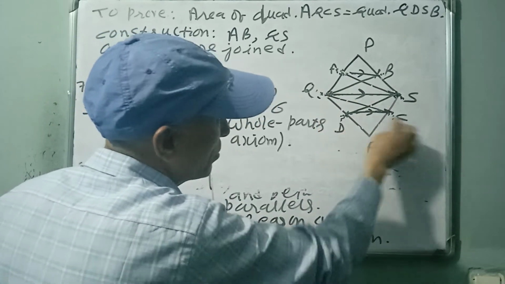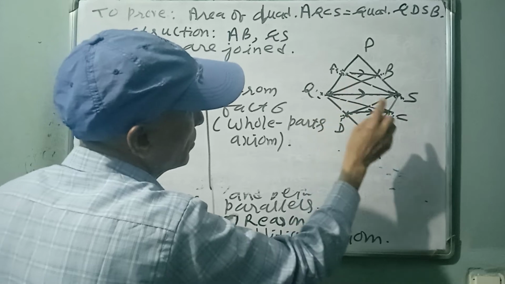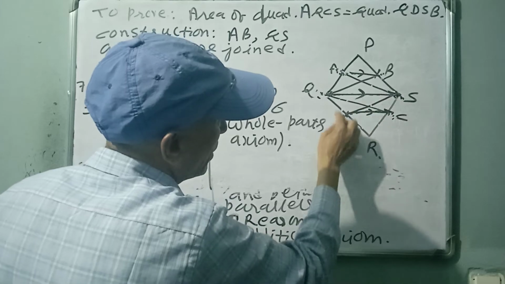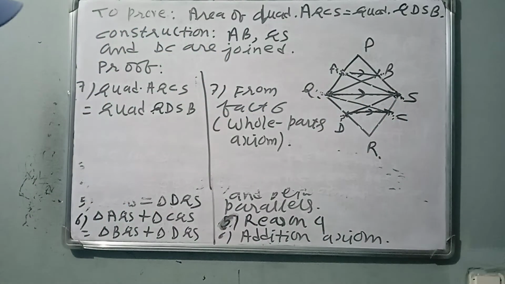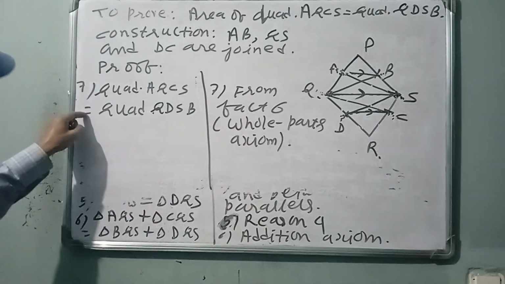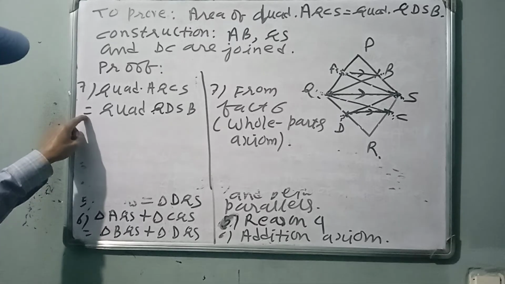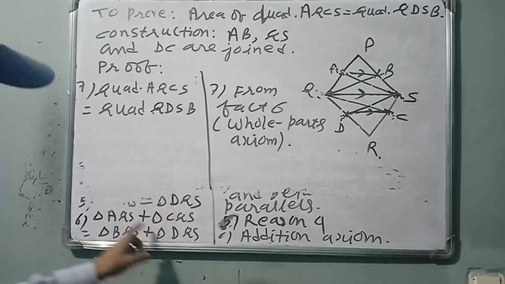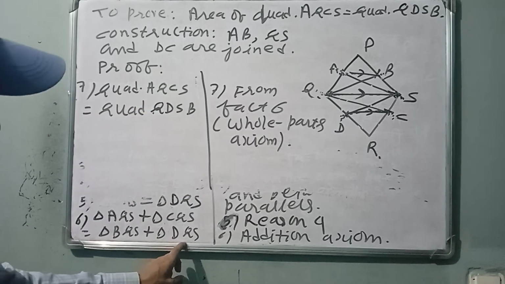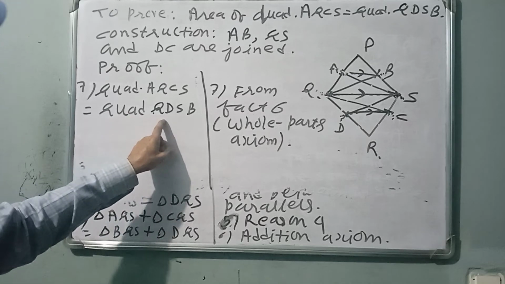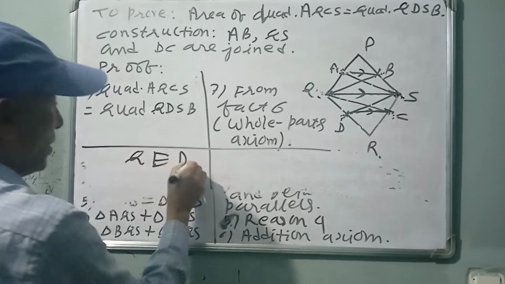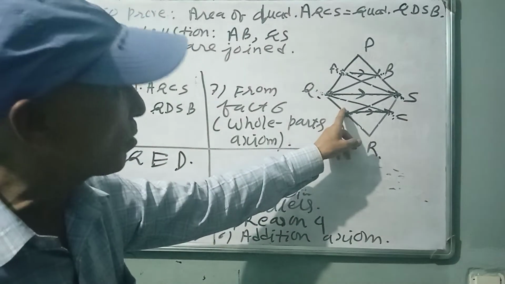Again QS and DC, triangle QDS. Taking QS, we get QSD and QSC. So AQS equals CQS, BQS equals DQS. Question number 4 and 5: add the two triangles. By adding two triangles, AQS plus CQS means quadrilateral AQCS. Triangle BQS plus triangle DQS is quadrilateral QDSB, proved. For this you must understand to apply the midpoint theorem.